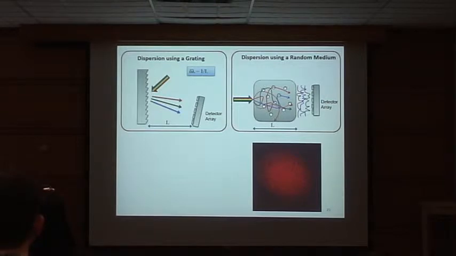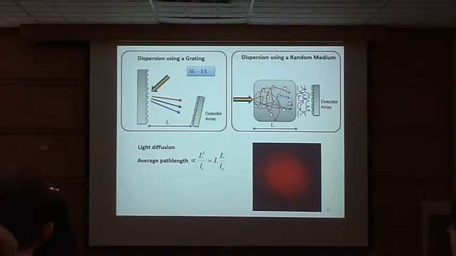Okay? And as I said, the advantage of using this here is I wrap a long path into a small footprint. So how much path length can I have? Well, if light is in a diffusive regime, then the average path length of light in this random medium of size L is L squared over LT.